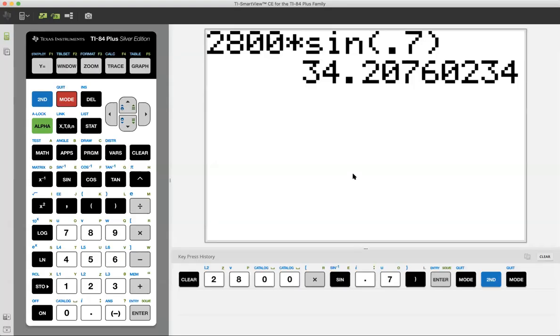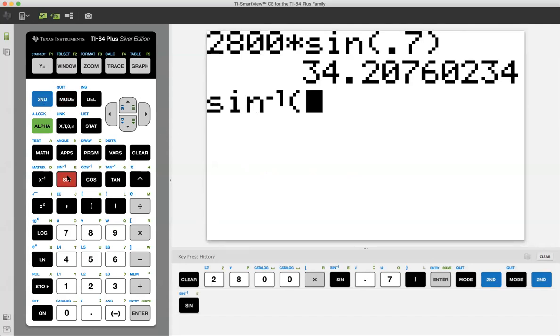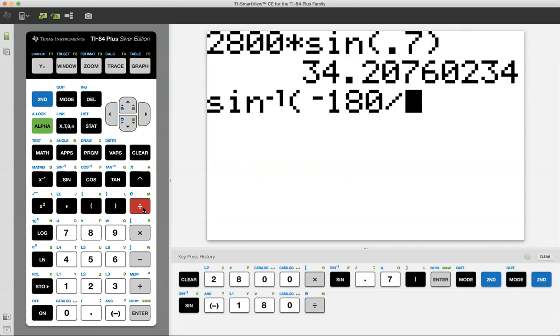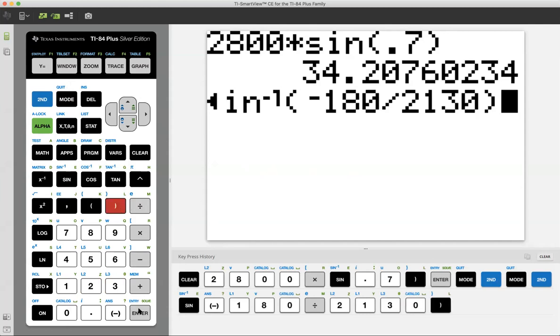Okay, so back to the calculator. What am I doing? I'm doing sine inverse. So that's second sine, and then negative 180 divided by, all within the parentheses, 2130. And then enter.